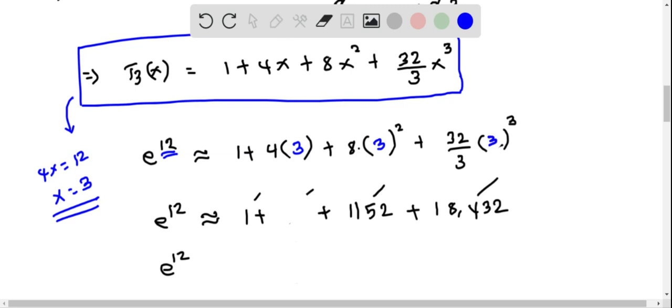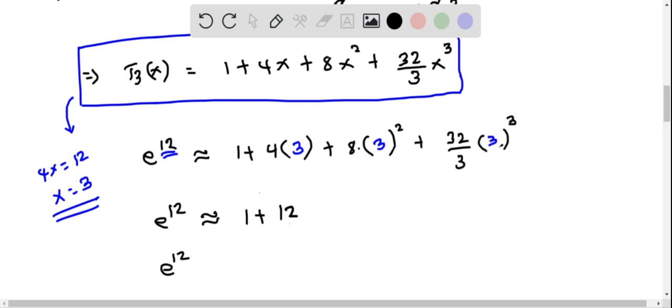And so I'll just erase these numbers. And so this is 4 times 3 is 12. And this is 8 times 3 squared, 9, so it is 72, plus we have 32 by 3. 3 cubed is 27. So we can cancel this 9 times.